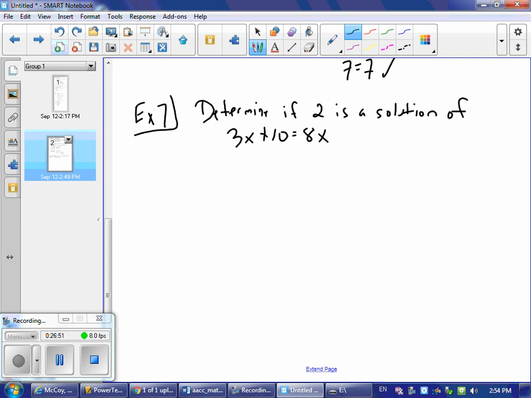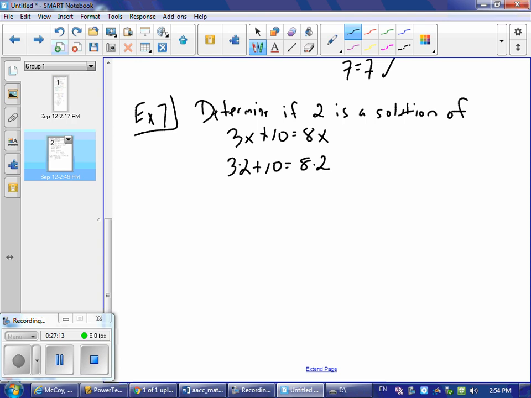So I'm not telling you to actually find x, I'm asking you to figure out whether 2 actually works, if this is going to be a true statement. If that's the case, I'm going to substitute 2 in for x and then see if it gives me a true statement. So that would be 3 times 2 plus 10 equals 8 times 2.